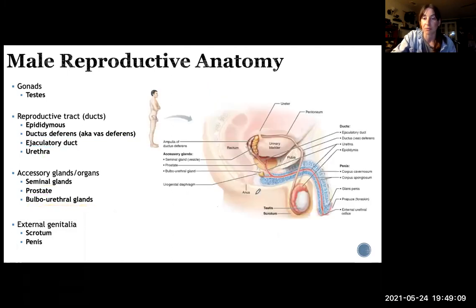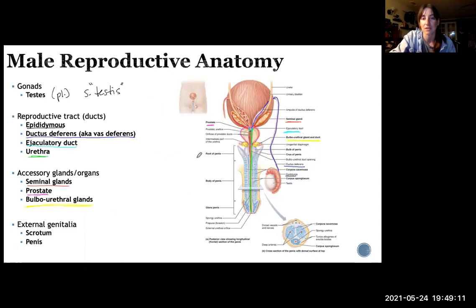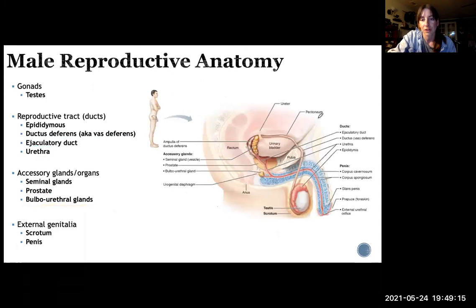let's first look at them from a profile view. Okay, so this is of course an anterior view. Here is a profile view of the exact same structures. So once more, we have the epididymis, which is this strange looking structure right here.